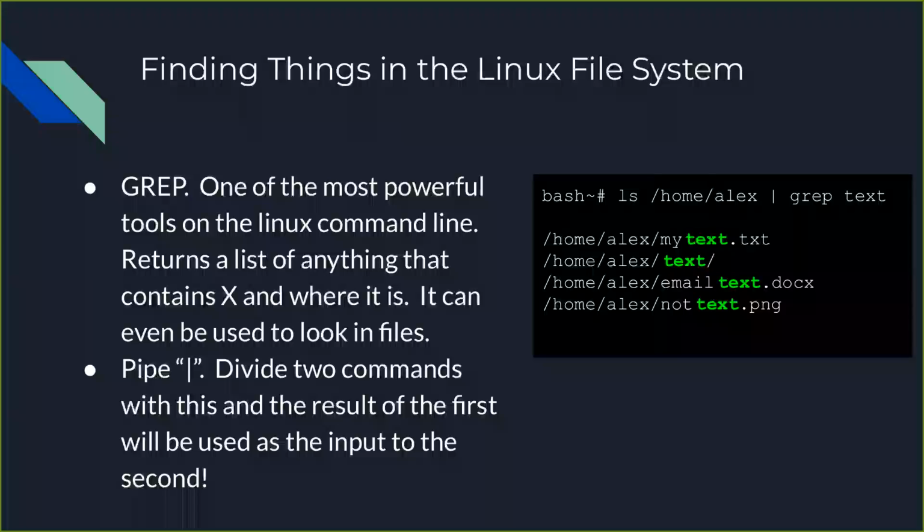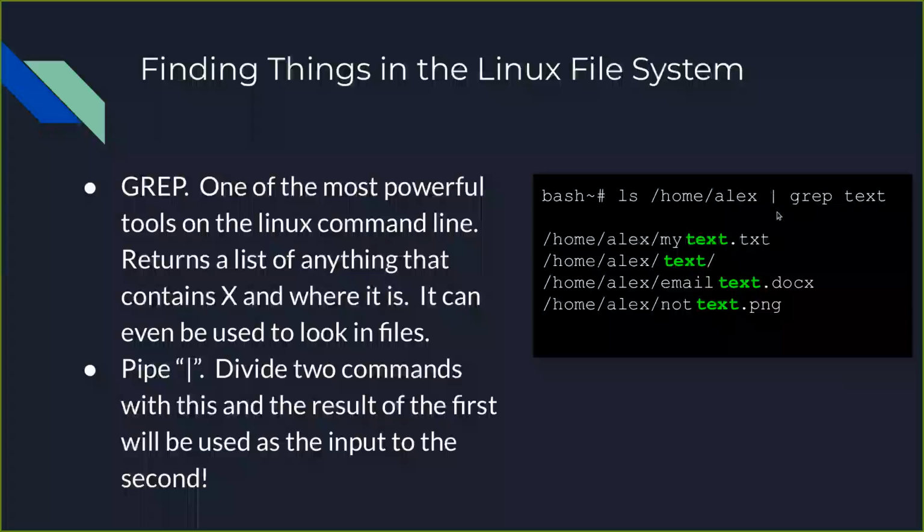The grep tool will actually allow you to look through giant lists of results and find only the things that you want. So for example, if I had 3,000 files under /home/Alex, and I knew I wanted something that was called text, but I wasn't quite sure what it was, I could type ls /home/Alex, and then the bar, which is called pipe in Linux.